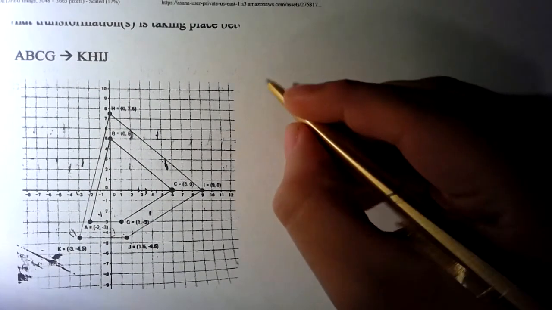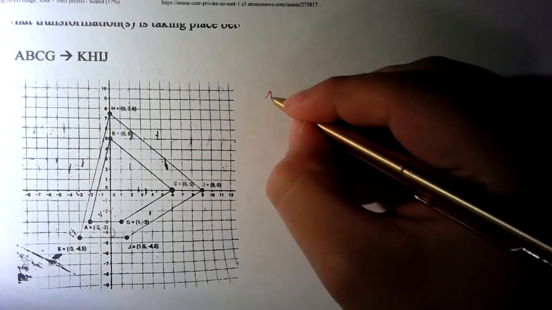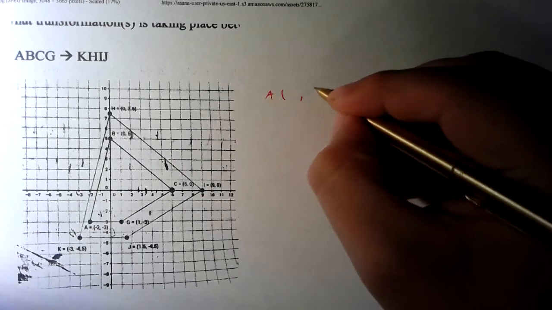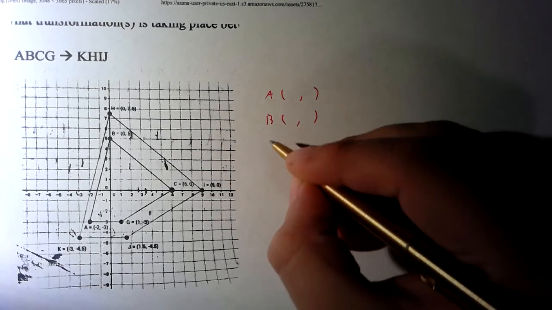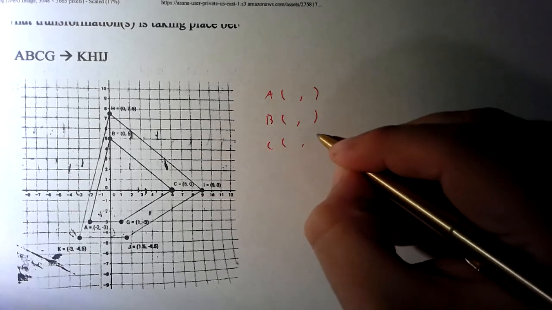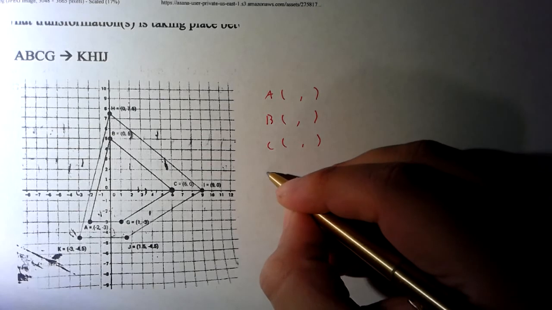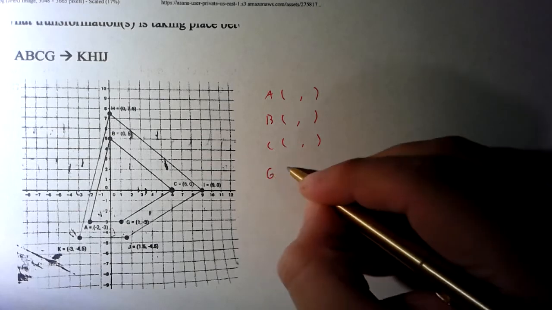And I'm going to start it off with notation here. So A, parentheses, kind of the little skeleton part, and then B, and then C, and then A, B, C, G. That's interesting.